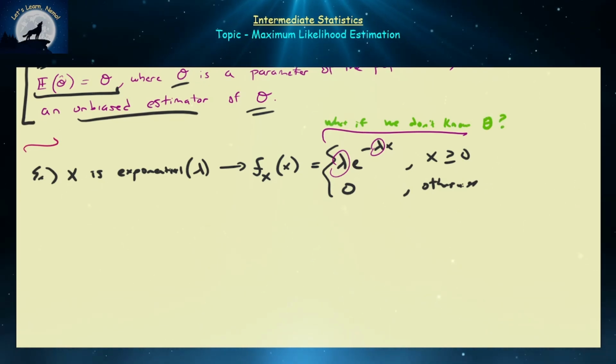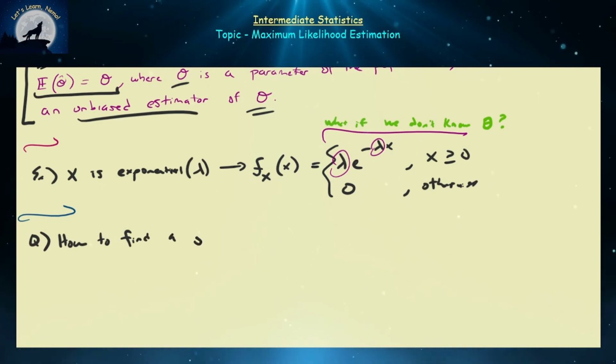Okay, so we can always grab values from this population even though we do not know what that population looks like, right? So how do we approximate theta? And let's of course restate our primary question that we seek to answer: how to find a suitable theta hat for a particular parameter lambda.